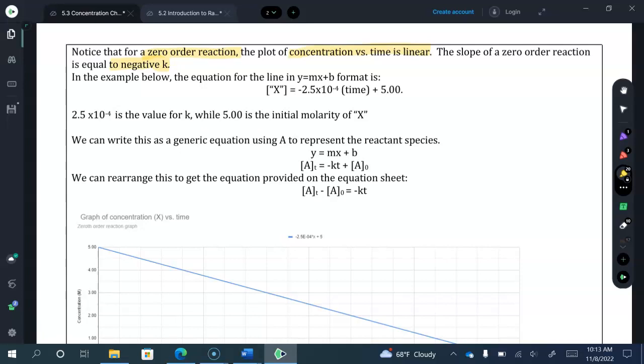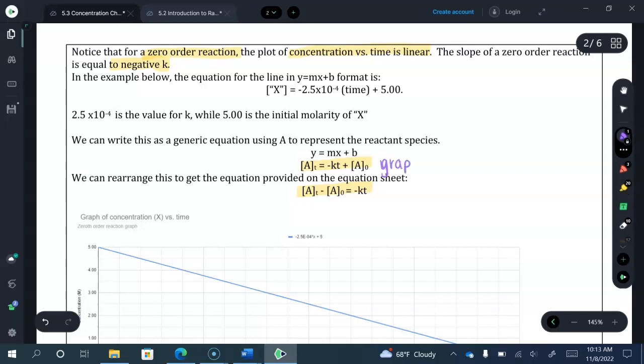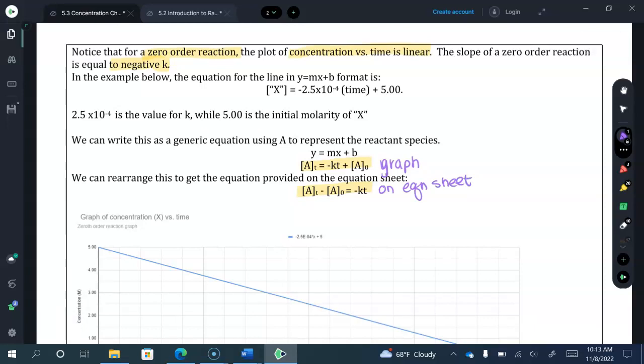We can rearrange it or write a general expression here. The one on your equation sheet is this. So this is the one you would graph, and this one here is the one on the equation sheet, where the concentration at any point in time is your y, and where time is x.